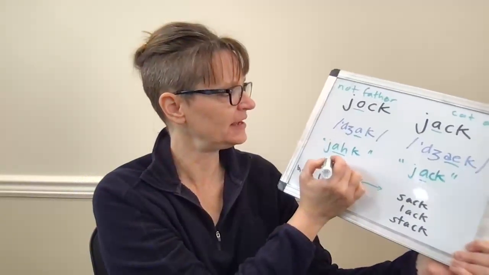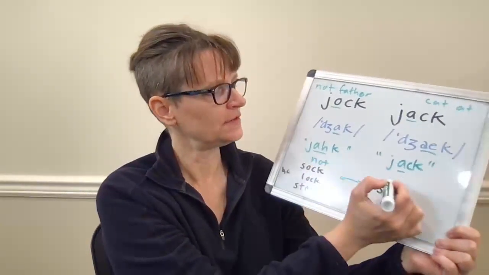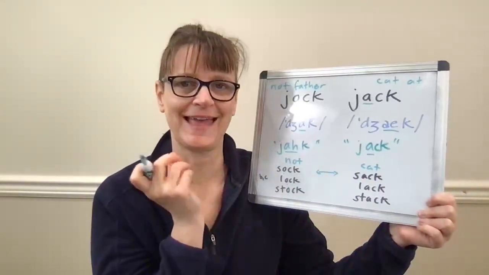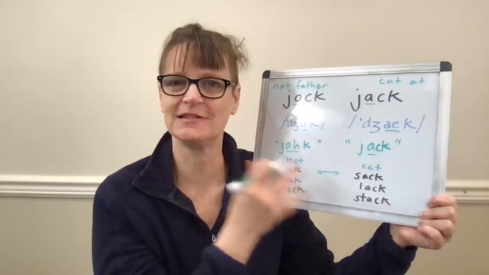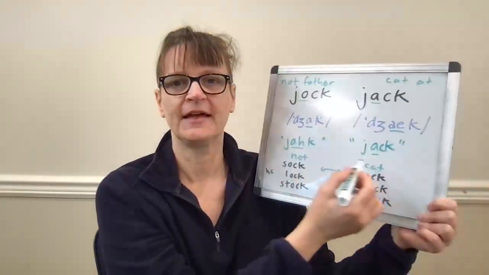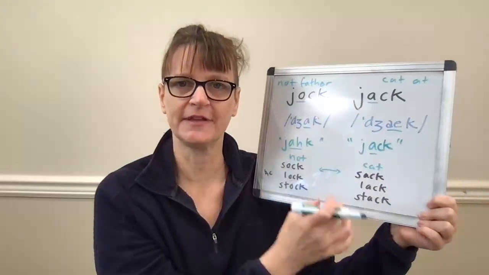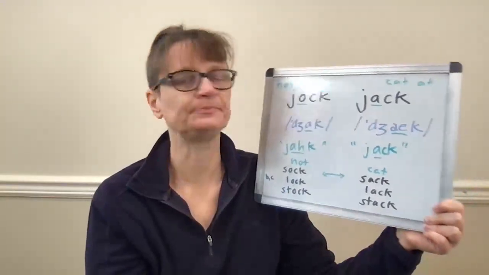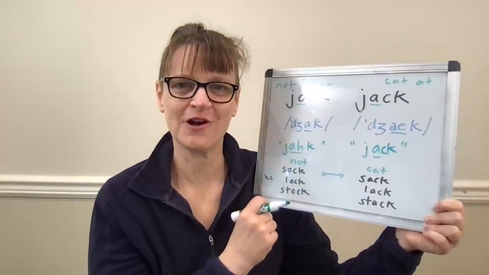But if I say not versus cat, suddenly it's much clearer, not and cat. I can hear those differences more easily because the other sounds are not the same. So not a sock, cat in a sack, that can really help you make that difference between the two vowels.